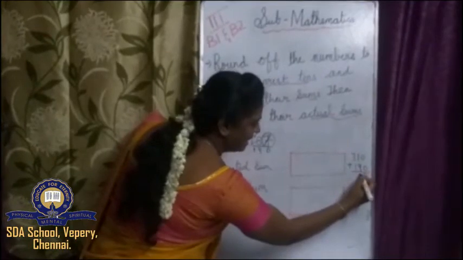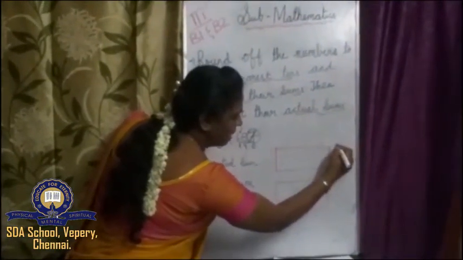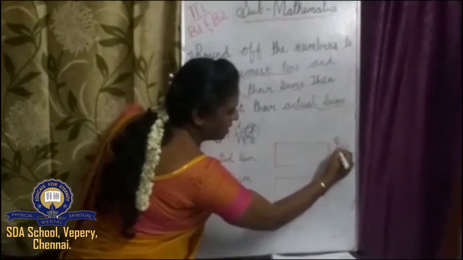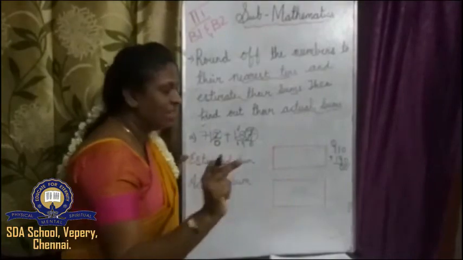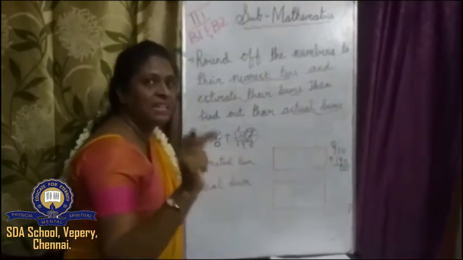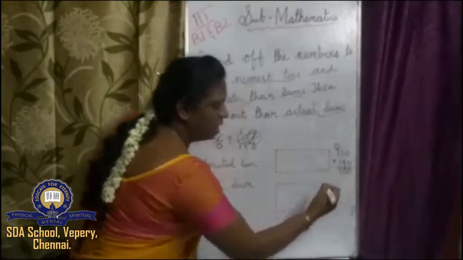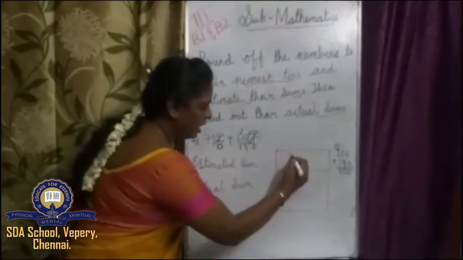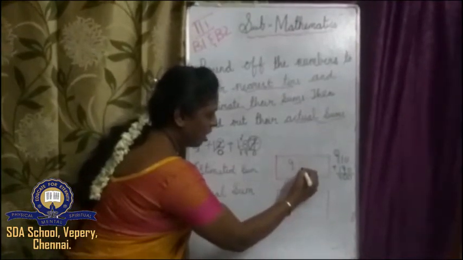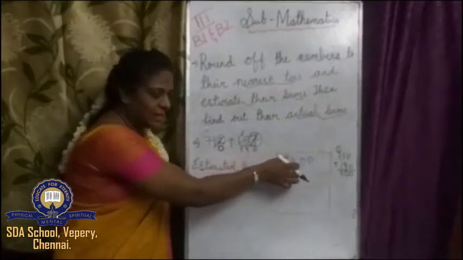Yes, it's 10. So write 0 here and 1 in the hundreds place. 1 plus 7 is 8. 8 plus 1 is 9. So this becomes 900. Understood, children? So you write here 900. This is your estimated sum.